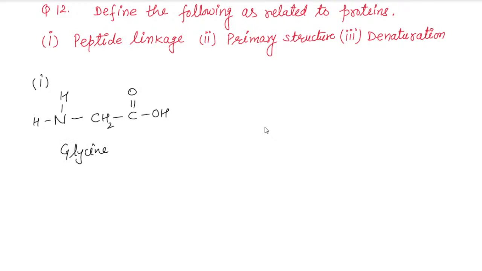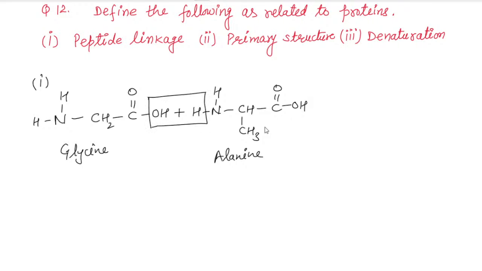Now glycine, when treated with alanine, the OH group of carboxylic and H of NH2, so water is removed. That's why it is called condensation reaction, meaning addition of two molecules, two monomers, with the elimination of a small molecule. That is called condensation reaction, right?